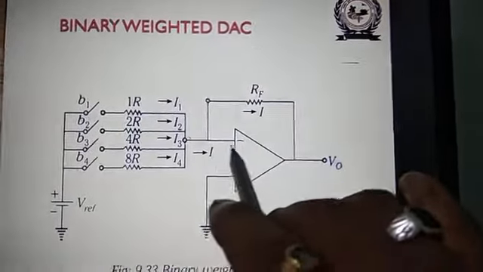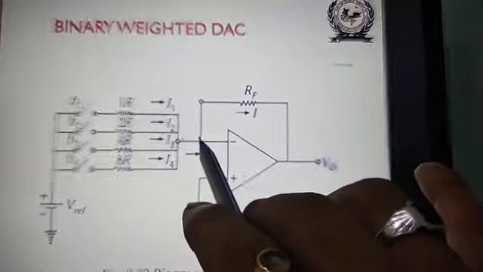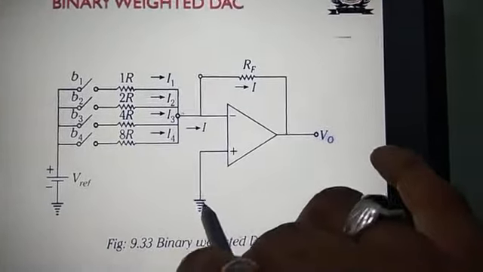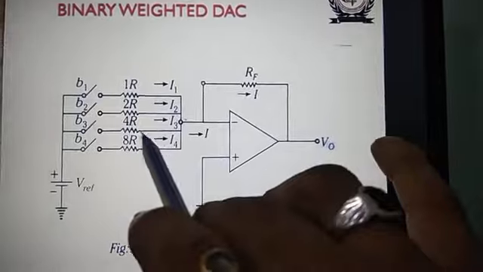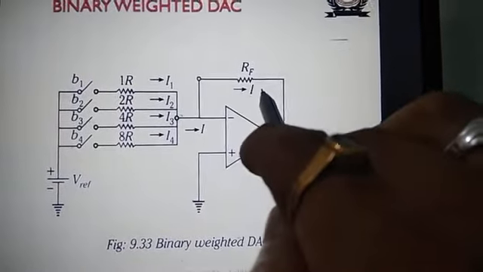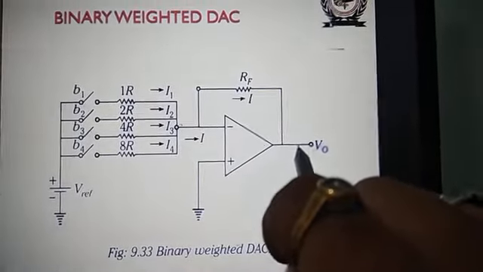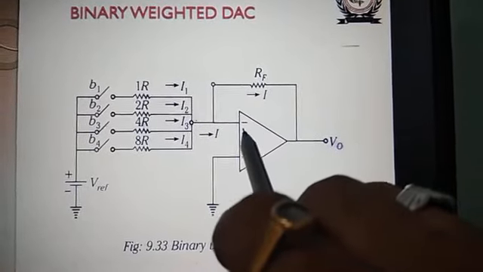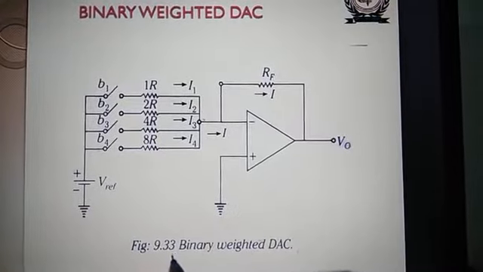Since no current is drawn by the operational amplifier, because this is a virtual ground point, the non-inverting terminal is grounded, so this point is also virtually grounded. Hence the total current will flow through RF, and you will get the output, which is minus I into RF, because it is inverting.